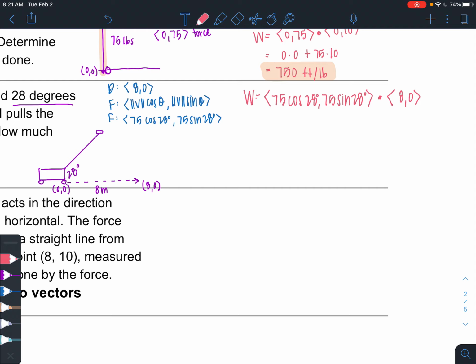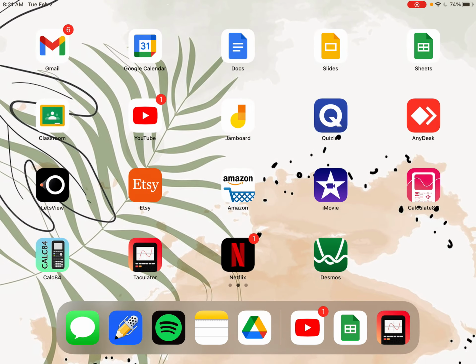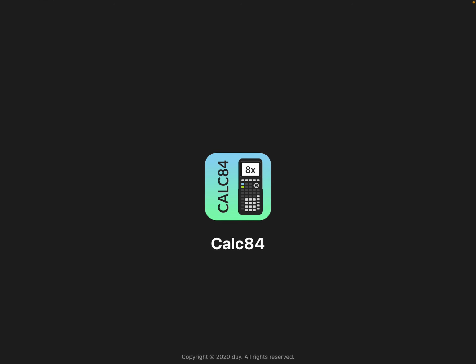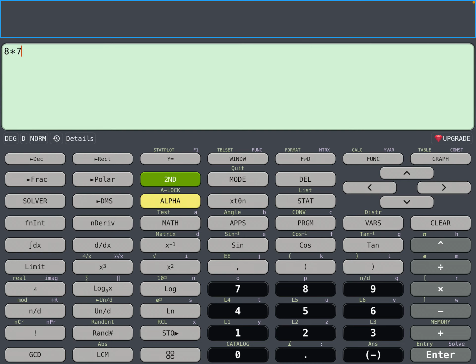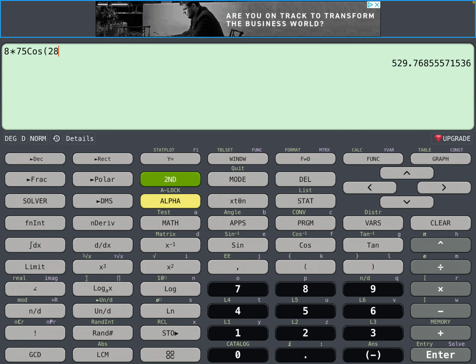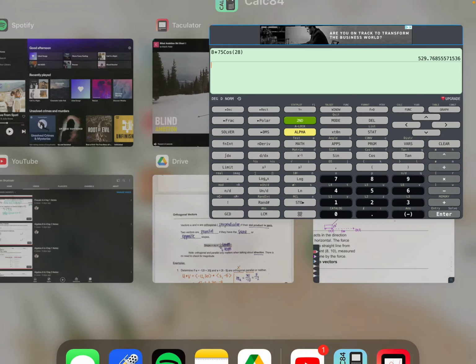So we end up getting 8 times 75 cosine of 28 degrees plus 0. I want to make sure our calculator is in degrees, and it is.